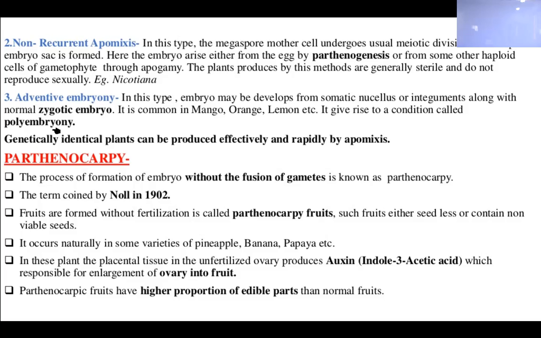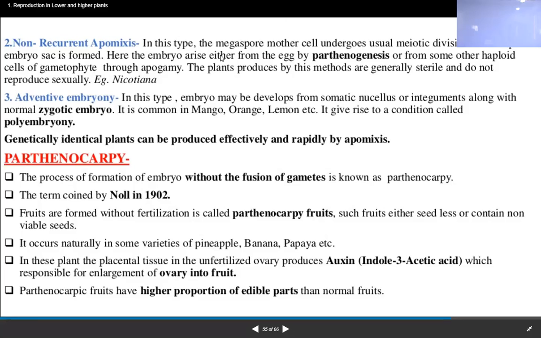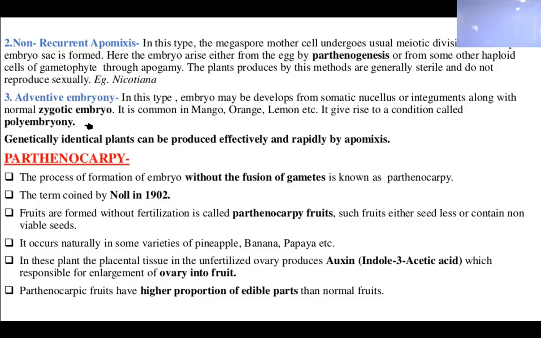When there is development of more than one embryo inside the seed, the condition is called polyembryony. Understood? So two main terms we have studied in this slide, parthenogenesis and polyembryony. Please write them down somewhere because these terms are very important.